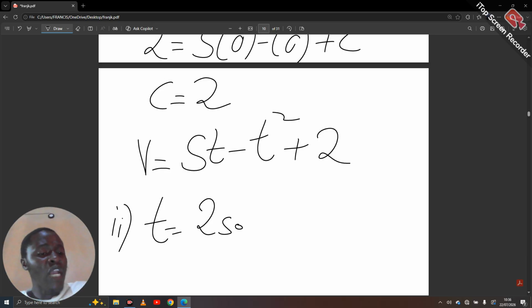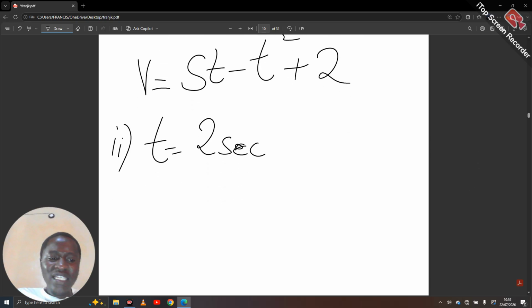At the beginning of the 4th second, the time fully covered there is 3. At the beginning of the 5th second, the time fully covered there is 4. So make sure you read and understand the question.